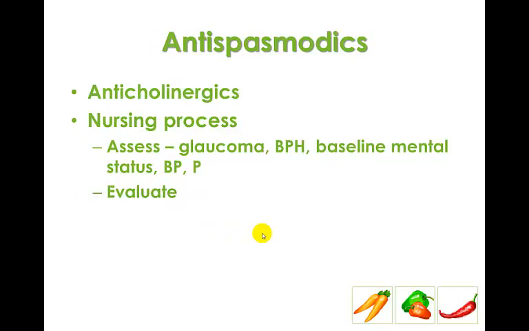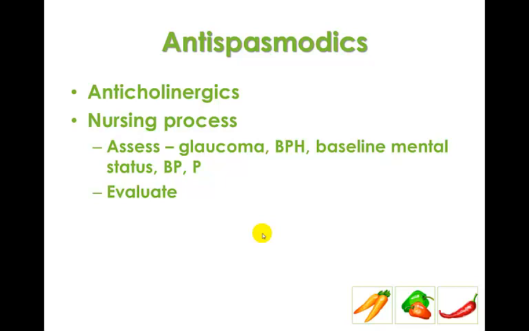Antispasmodics usually are anticholinergics. I don't know why I don't have any med names, and I can't think of any off the top of my head, but nevertheless, they are anticholinergics, so they decrease saliva, and they decrease pepsin and hydrochloric acid in the stomach.